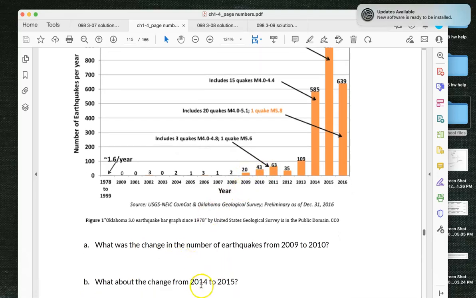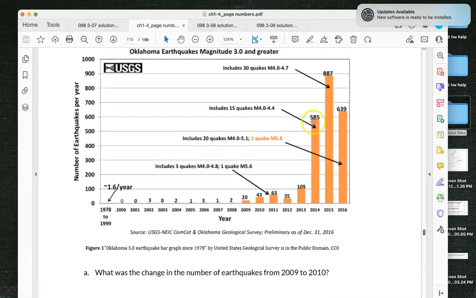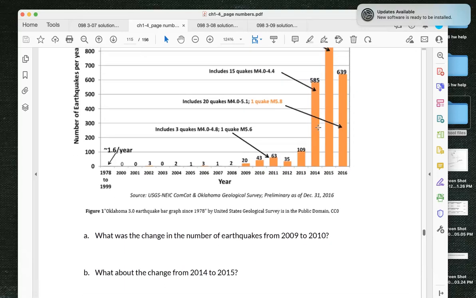And then if we look at 2014 to 2015, well, these are way taller, but we can still subtract. So 887 minus 585 to get the change there. And again, it's still an increase.